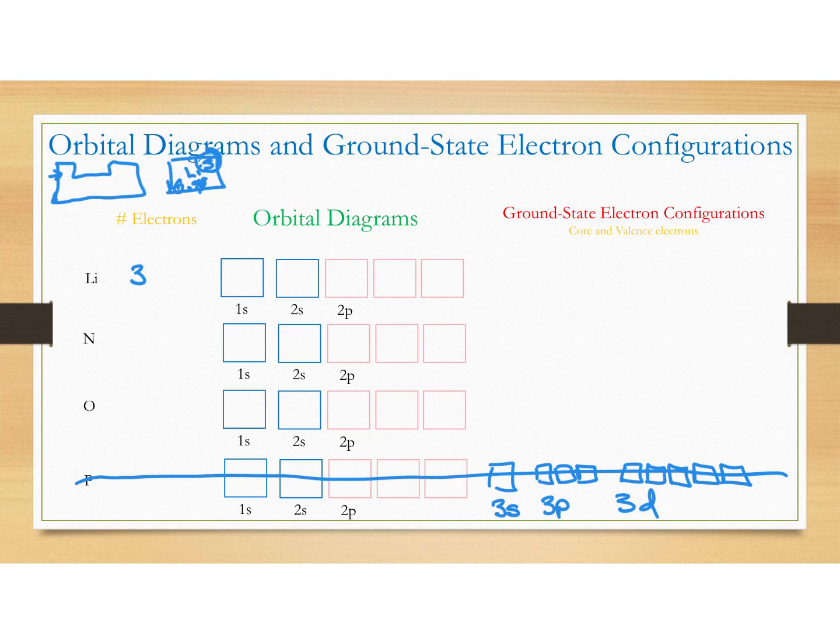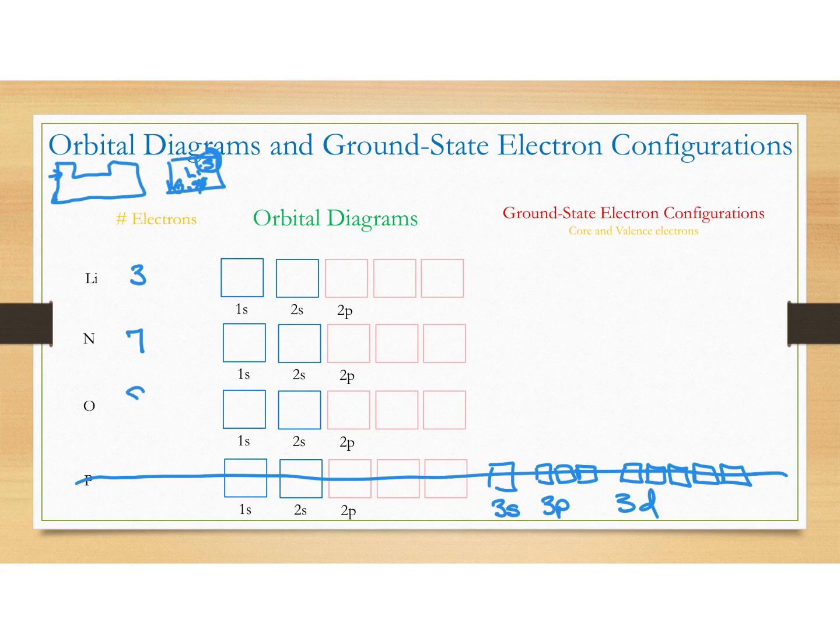What about nitrogen? I look up nitrogen on the periodic table. Nitrogen is atomic number 7, so it has 7 protons, which means it's going to have 7 electrons. Oxygen is atomic number 8 on the periodic table. That means it has 8 protons, so I'm going to have 8 electrons.